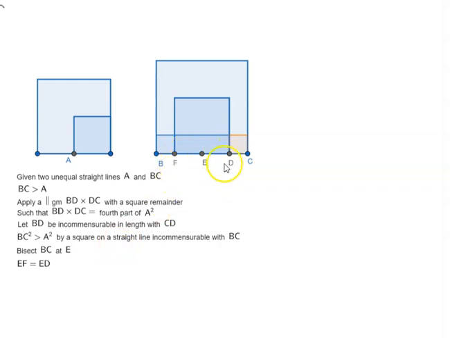Now if EF is equal to ED and E is a midpoint, that means BF is equal to CD. So BC is cut into equal parts at E and into unequal parts at D.